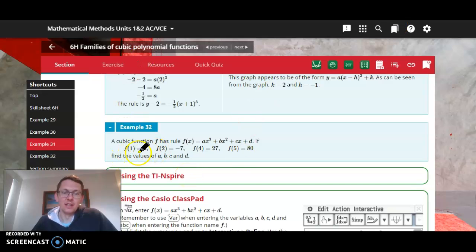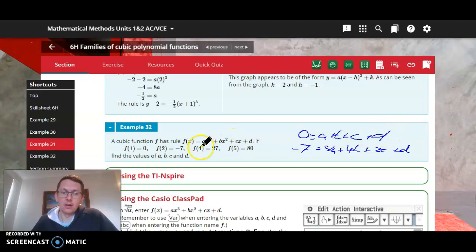If you had to, you would have to make 4 different equations where you would literally say, you put in f1, that equals 0. So obviously it's going to be 0 equals A plus B plus C plus D. We put in 2 equals -7, so -7 equals, what's 2 cubed, is 8, so it'll be 8A. 2 squared would be 4, plus 4B plus 2C plus D, okay?